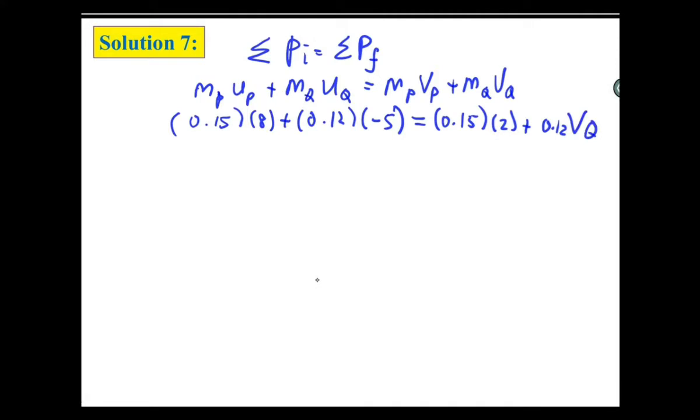Okay, so you get the answer is VQ is equal to 2.5 ms negative 1.